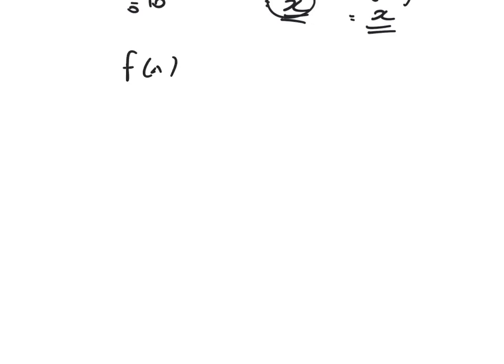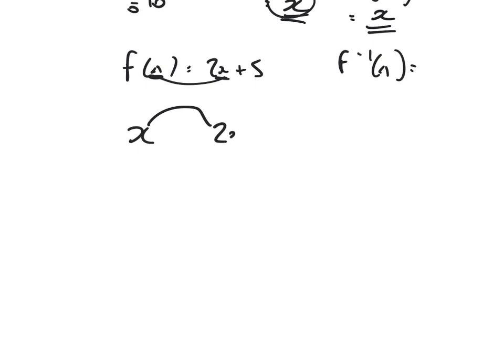We've got f of x equals 2x plus 5, and let's find the inverse function of x. This is a composite function, so whatever's in the bracket, we've doubled it and then add on 5. So times it by 2 to get 2x, and then add on 5 to get 2x plus 5.